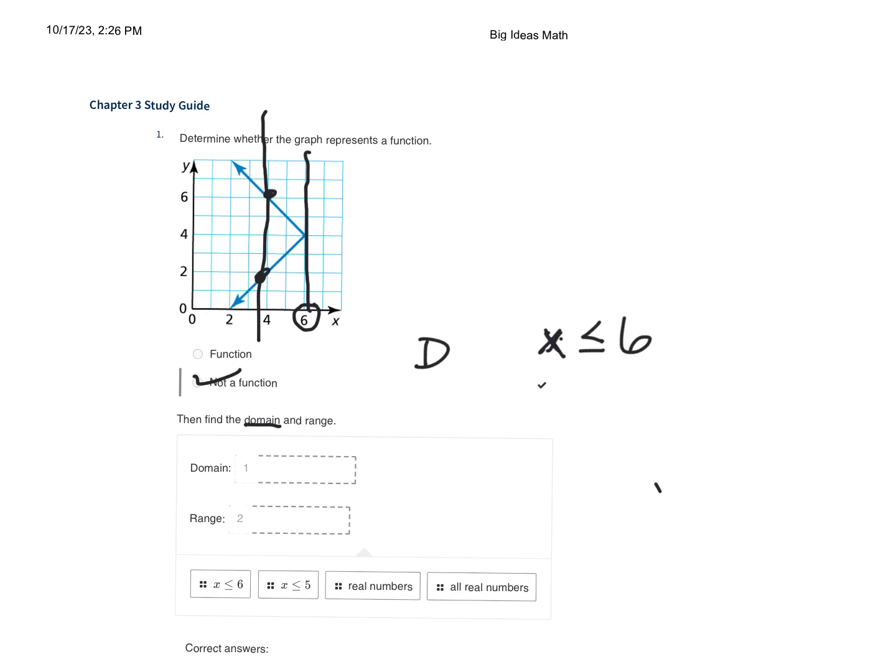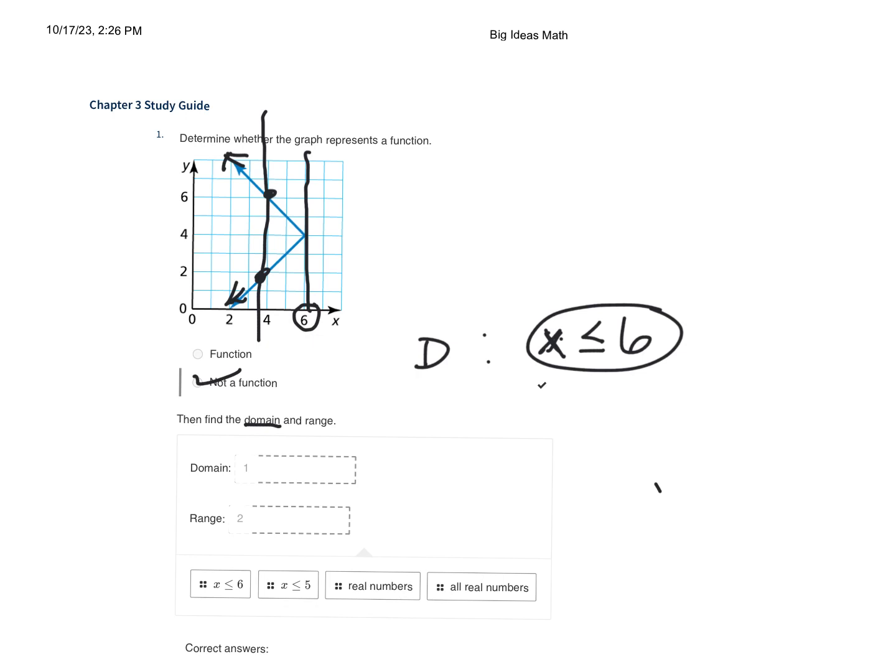And then on the right side, you'll notice that we have the arrows, so it's going to infinity. There's not a boundary, so my domain is just going to be everything less than or equal to 6.